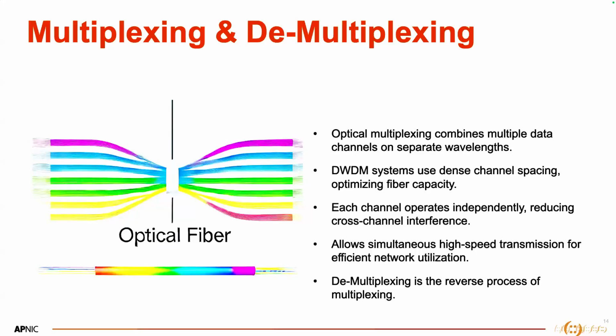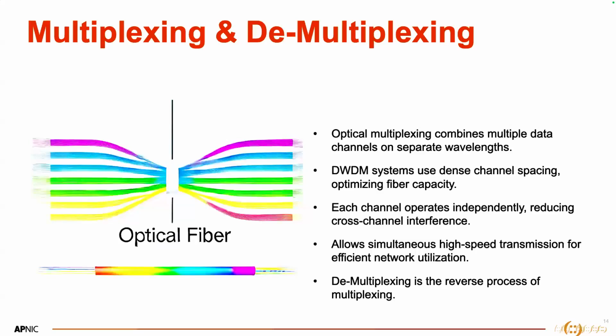At the receiving end, there is a demux or demultiplex module, which reads the single signal, decouples all the different wavelengths from it and delivers them to different destinations. So this is the idea of doing multiplexing and demultiplexing.